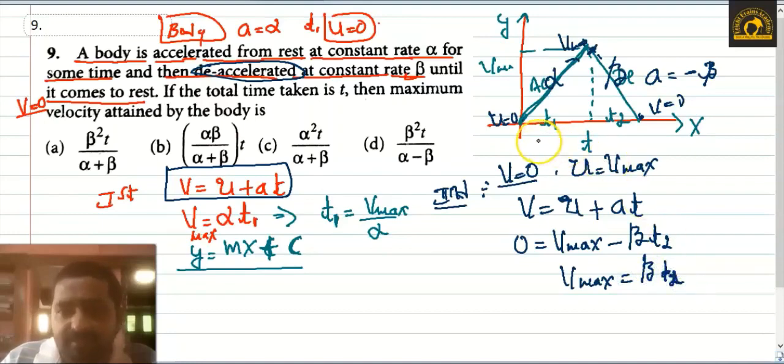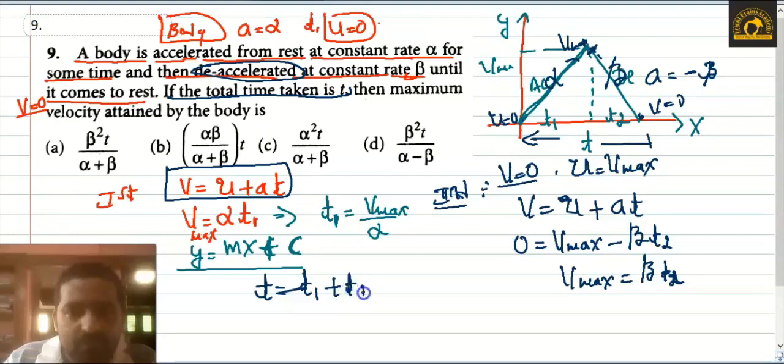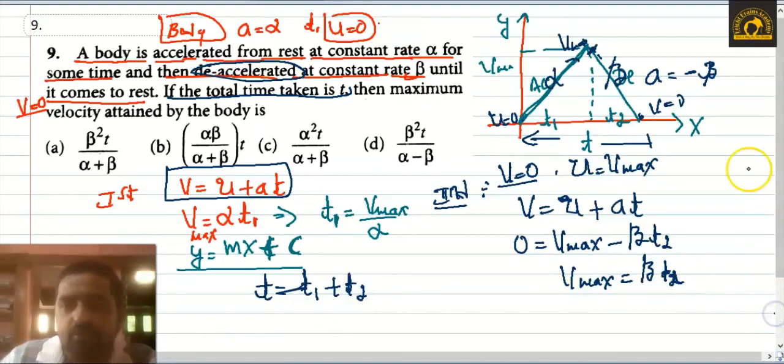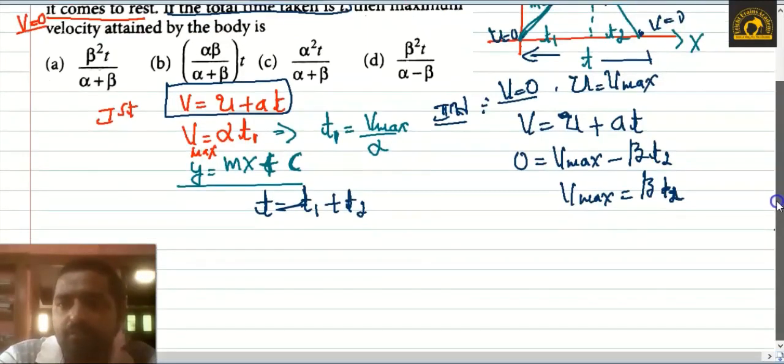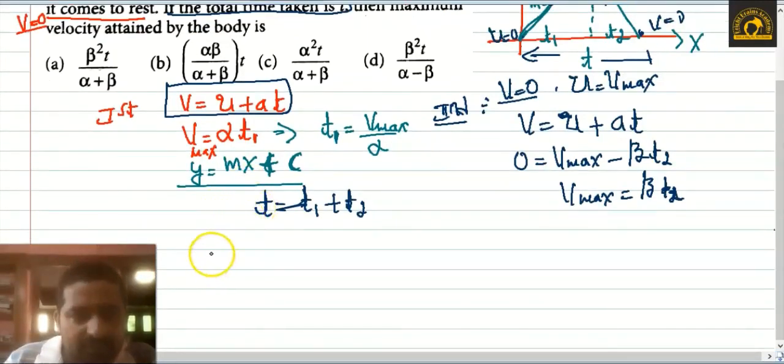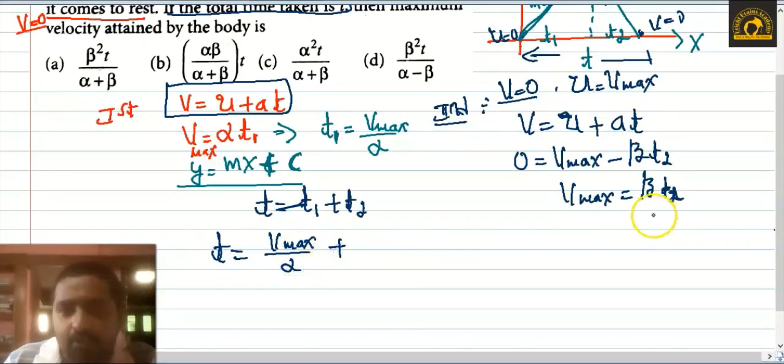So then the total time interval is T. The total time T is equal to T1 plus T2. So now put the values in this equation. T is equal to T1, which is V maximum divided by alpha, plus the T2 value.